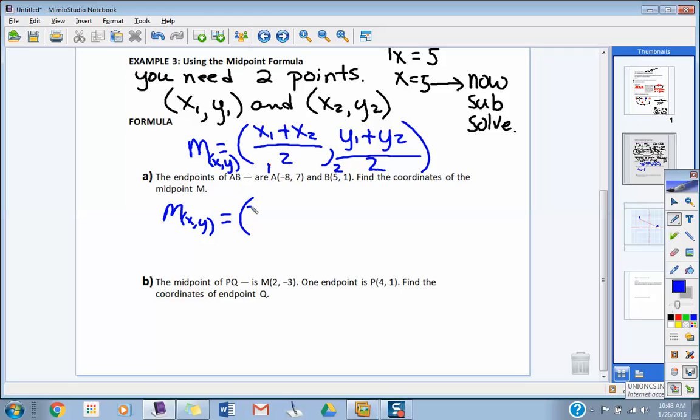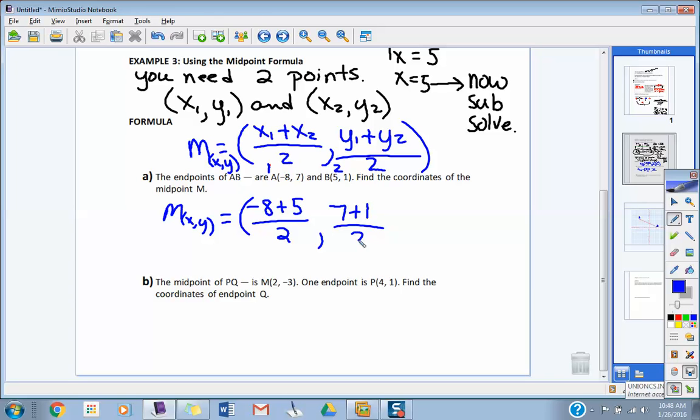So you're going to go -8. That's the x1. Plus x2. So second point, what's the x value of the second point? Plus 5 divided by what, according to the formula? 2. Comma. All right, what's y1, kiddos? 7. What's y2? 1.